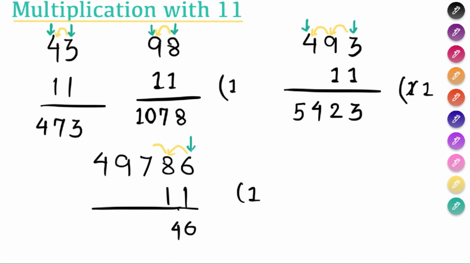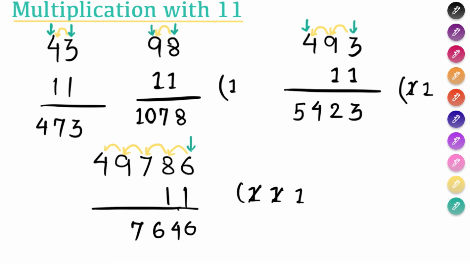Third step, add it to the next digit, 8 plus 7 is 15, we have 1 as carryover, so 16. So we'll write 6 and we'll again have 1 as carryover. Then again to the next digit, we have 9 plus 7 is 16 plus 1 is 17, so we'll write 7 and we'll again have 1 as carryover.